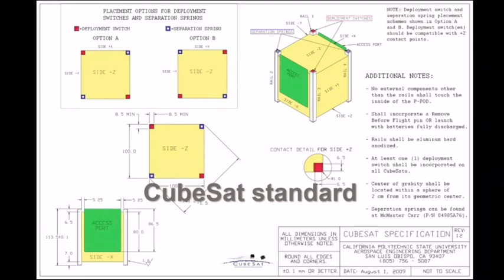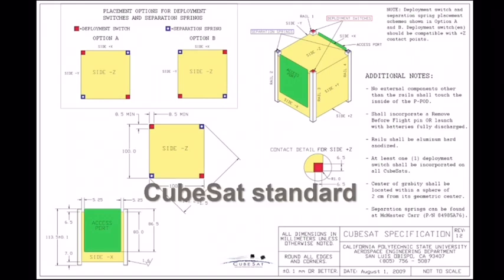This particular slide gives you a picture of the CAD or the actual structure design of the CubeSats. The faces of the satellite are called x minus, x plus, y minus, y plus, where you are going to host solar panels, where you are going to put different types of switches, the deployment switches, separation switches, and the dimensions of each axis.